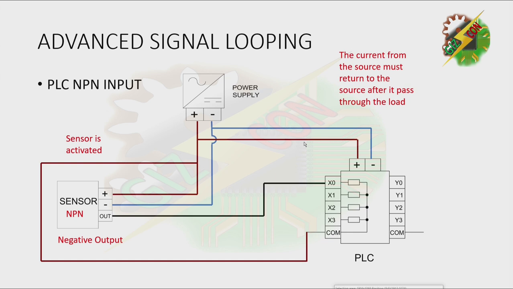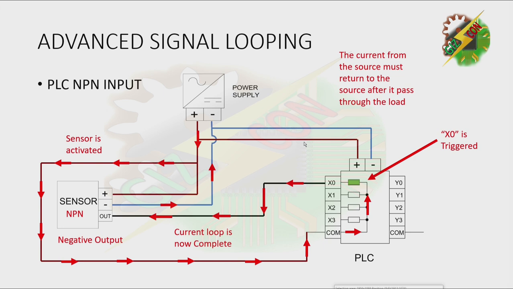The current will flow from positive, it will enter the common, and it will trigger X0. Now the sensor will return the current to the power source. Okay, the loop is now complete. As you can see, the current from the source returned to the source.